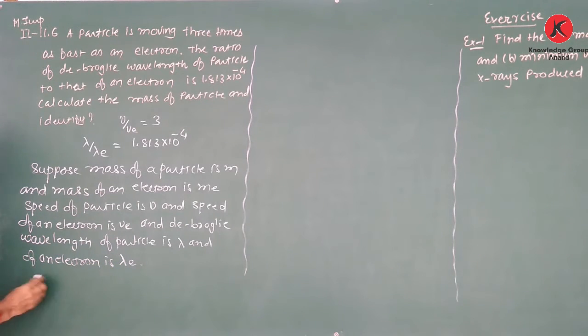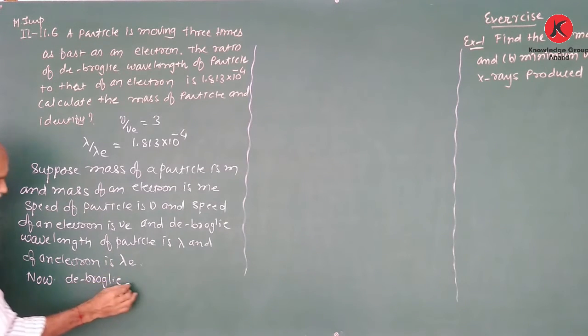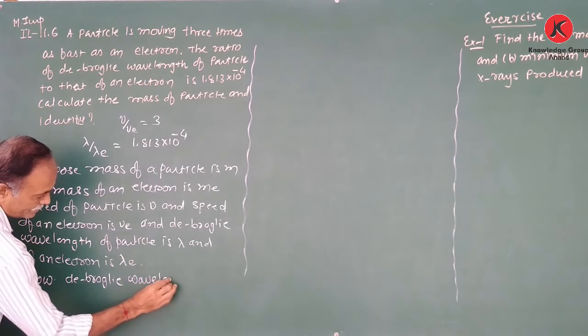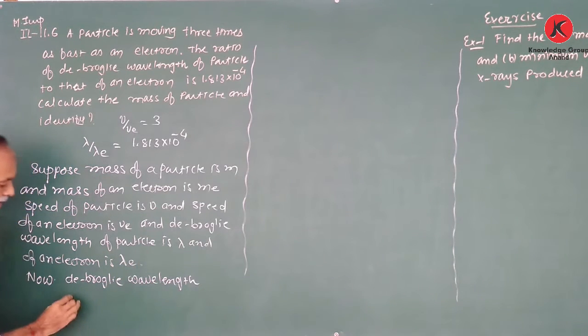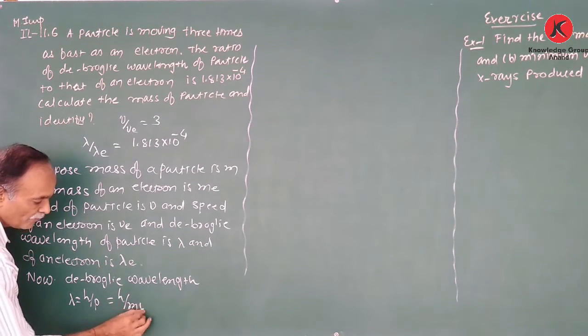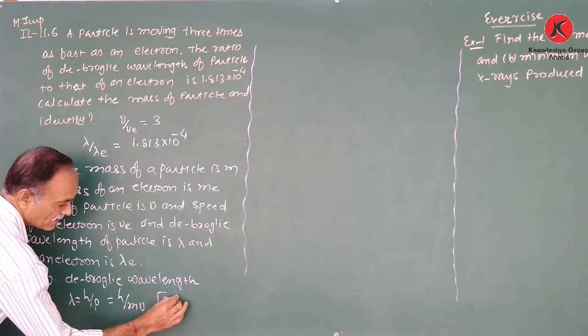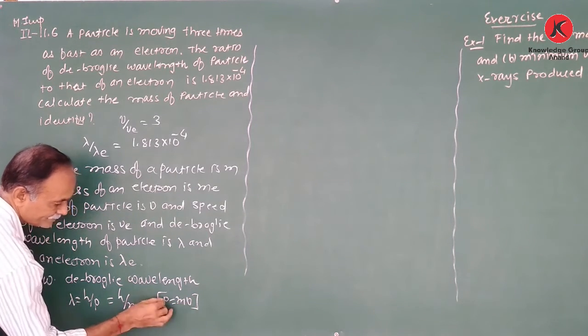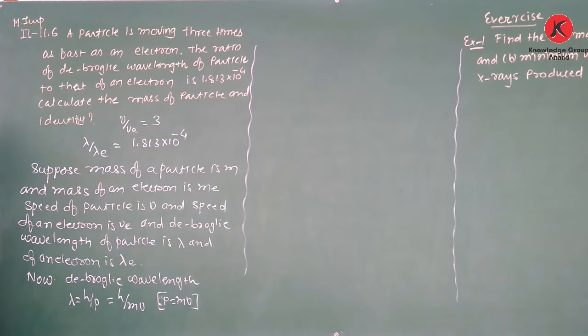Now, the equation of de Broglie wavelength: lambda is equal to h upon p. P is the momentum, therefore h upon mv. Here p is equal to mv. So there is the equation of the de Broglie wavelength. We write this equation for the particle and for an electron.